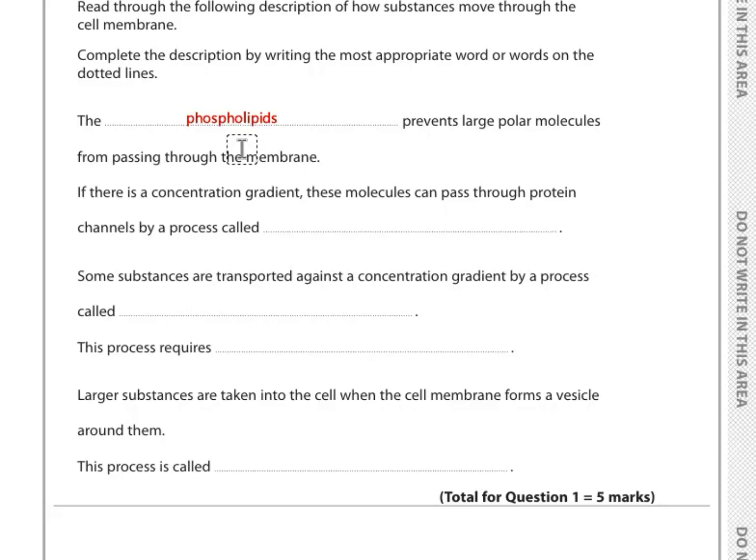So when there is a concentration gradient, between inside the cell and outside of the cell, and this is the membrane, things need to pass through like this, and these molecules can pass through protein channels by a process which is known as facilitated diffusion.